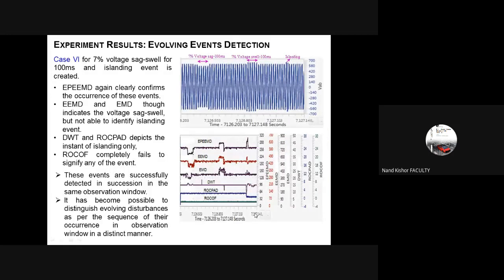Then again, we had some more complex events, and you can see that we had a sag of about 7% for 100 millisecond. Then after a few cycles, we had a swell for 100 millisecond, and then we have an islanding also here. You can see that the energy preserving ensemble, compared even with EMD, is the more sound approach.